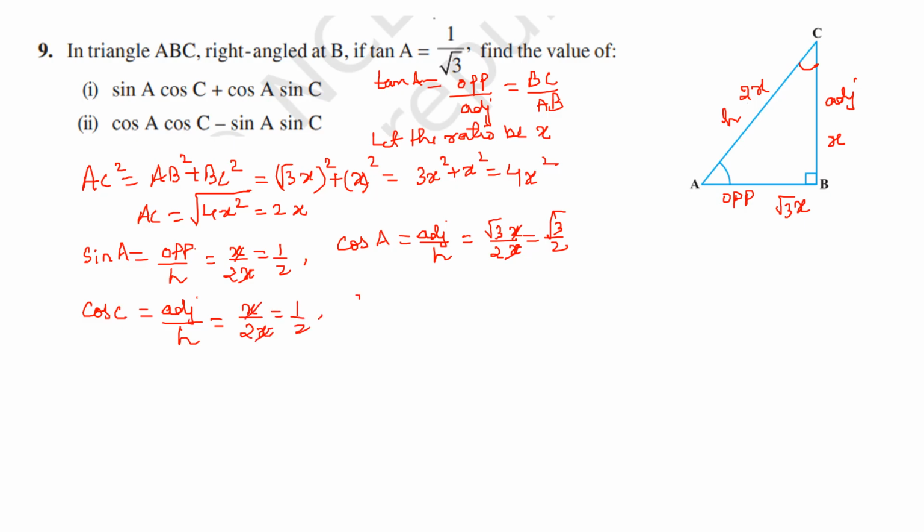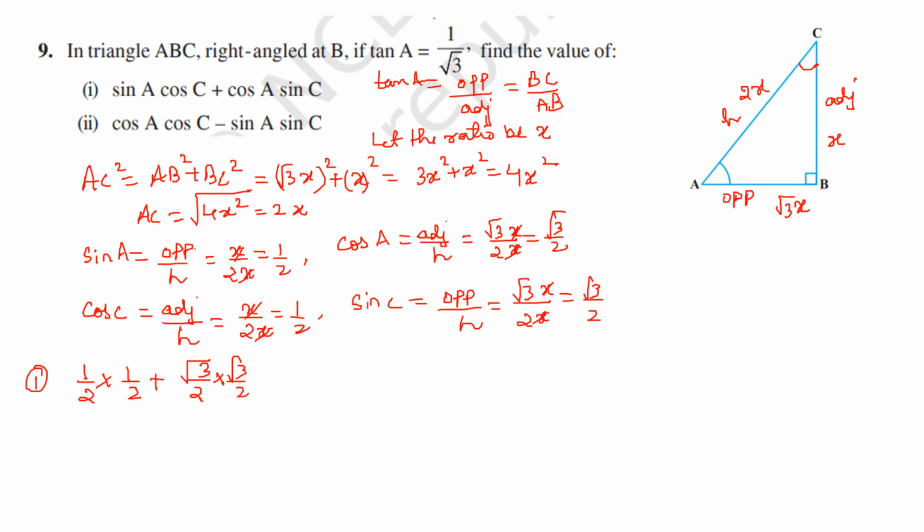And then you have to find sin C. Sin C is opposite by hypotenuse, root 3 x by 2x. So it is root 3 by 2. Right. Now we are solving the first part. So it is sin A cos C. Now sin A is 1 by 2, cos C is also 1 by 2, plus cos A is root 3 by 2 and sin C is also root 3 by 2.